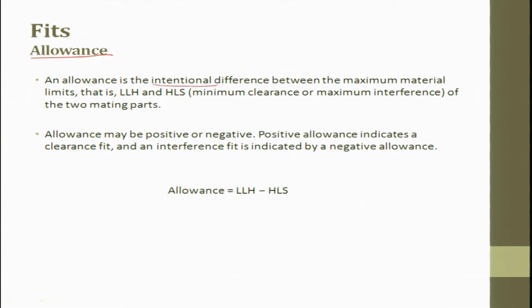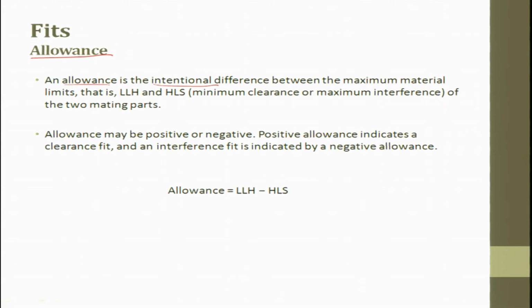Please understand, the intentional difference between the maximum material limit, that is LLH, and HLS, minimum clearance or maximum interference of the two mating parts, is nothing but allowance. Is it clear?